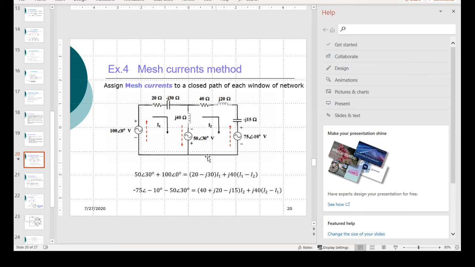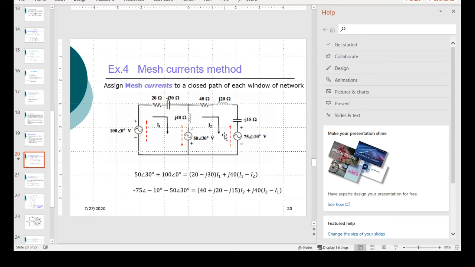The other side is going to be the voltage drops. It will be this impedance, 20 minus J30, times I1, which is this term, plus that impedance times the net current in that direction, which is I1 less I2. So that's the first equation for the first mesh, mesh 1.